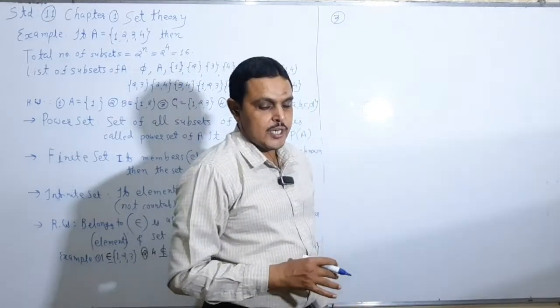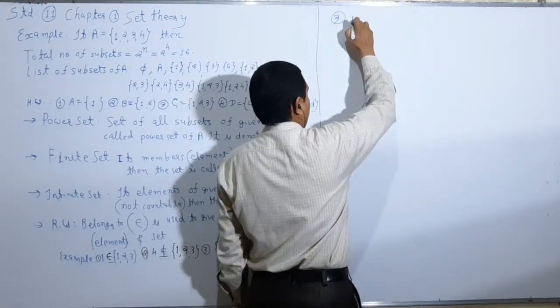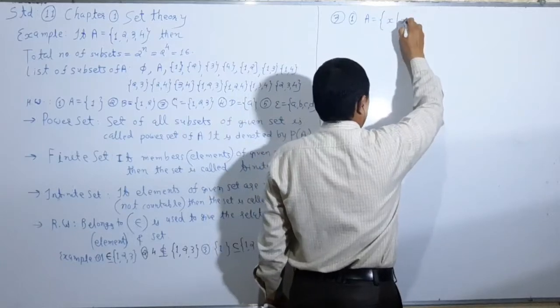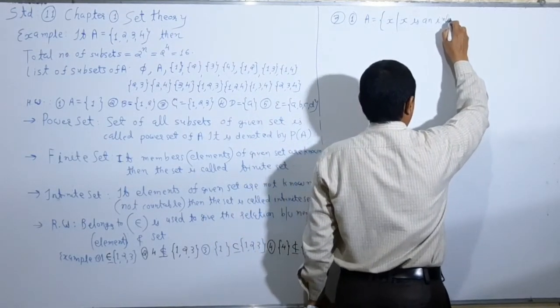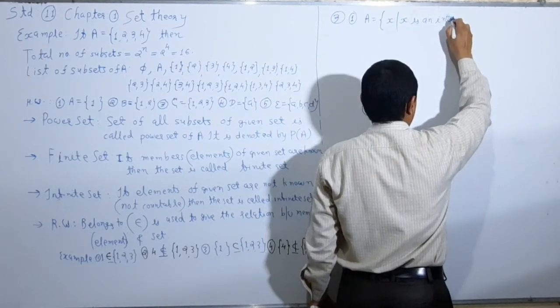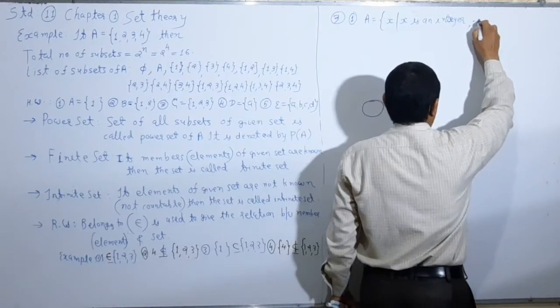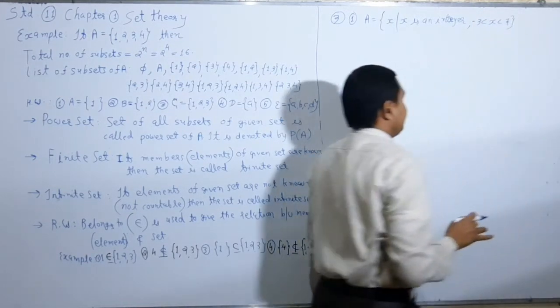So the first question is A is equal to x oblique, x is an integer, -3 less than x less than 7.